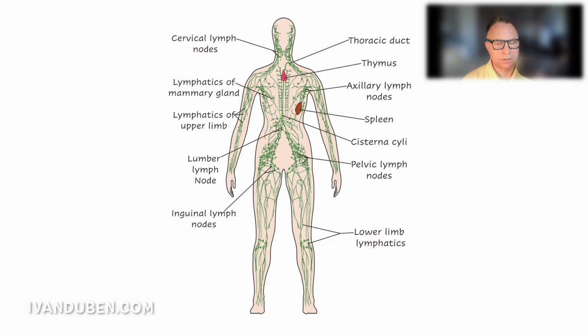Now, this is the typical lymphatic diagram. There's no distinction in this diagram between the deep and the superficial lymphatics. It's difficult to have an appreciation for that, even though it does include a great deal of the lymphatic structures.